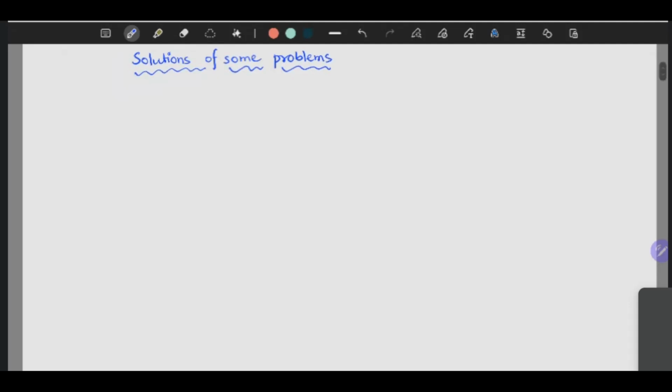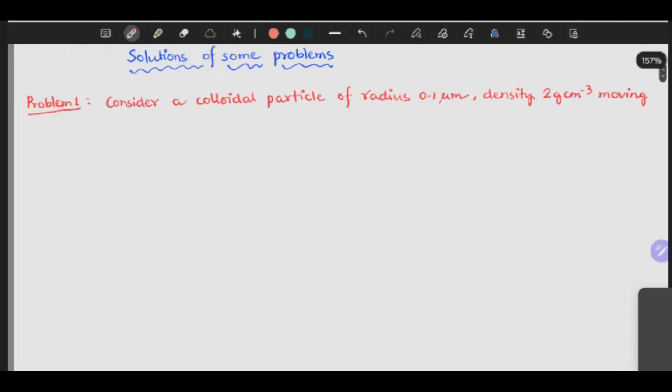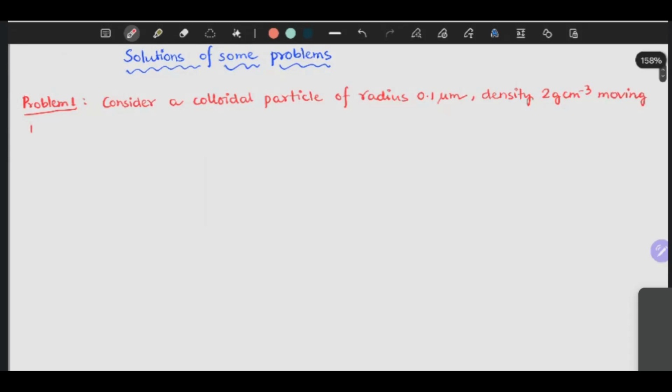Okay, so the first problem, problem 1, says: consider a colloidal particle of radius 0.1 micrometer, and the density of the particle is 2 gram per centimeter cube, moving in water.